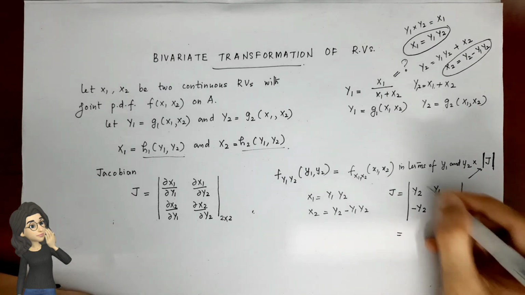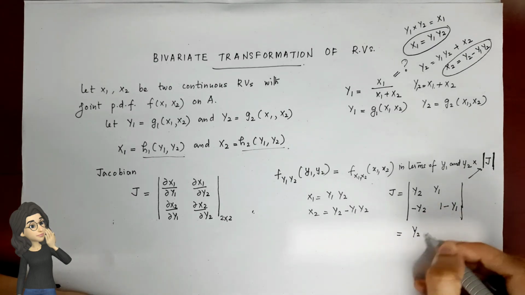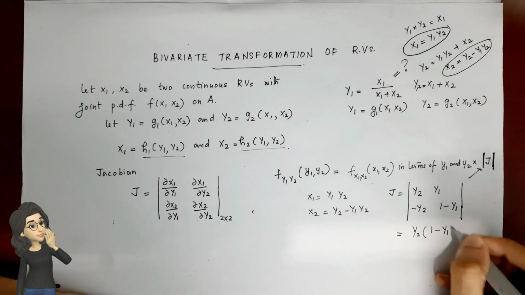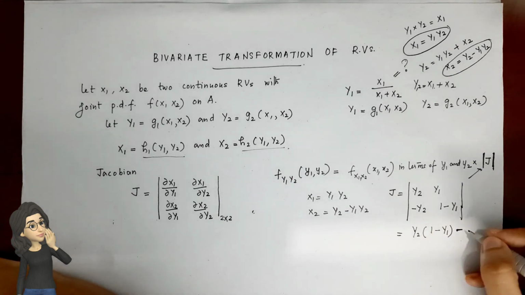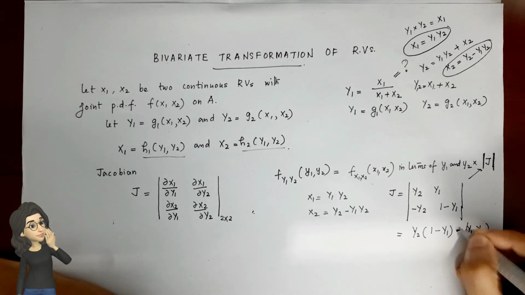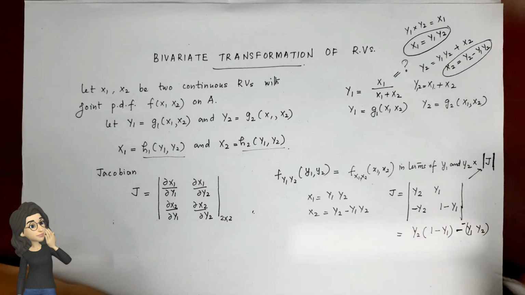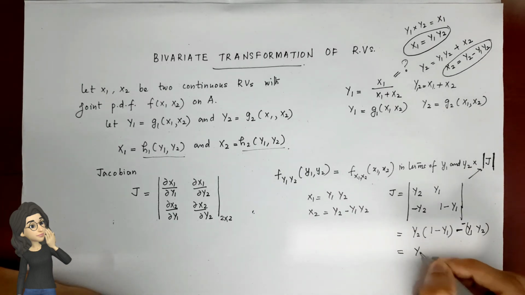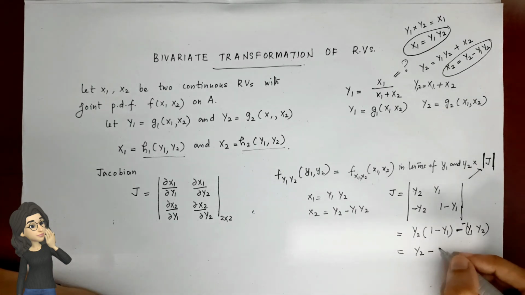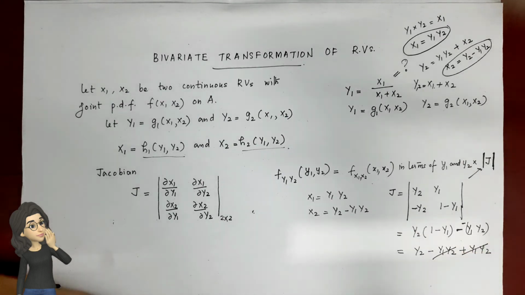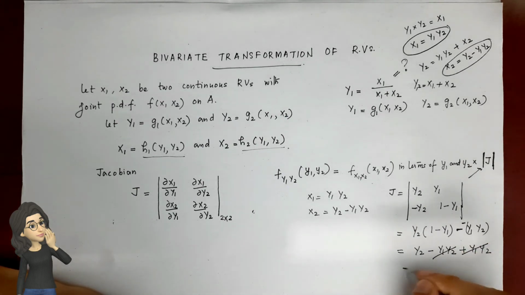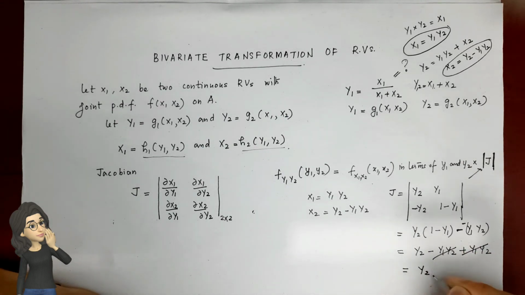The determinant is equal to y2 into 1 minus y1, minus the product with the minus symbol, minus y1 y2 with a negative sign, which is equal to y2 minus y1 y2 plus y1 y2. So this is the Jacobian that we have obtained, y2.